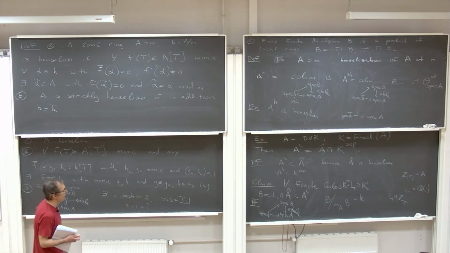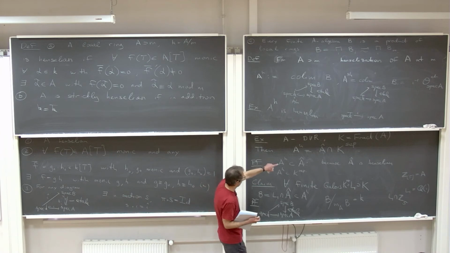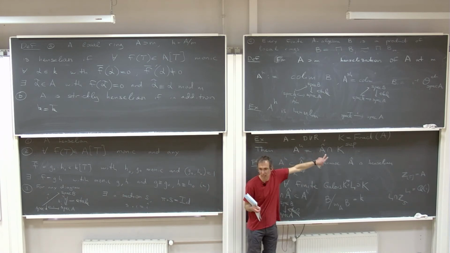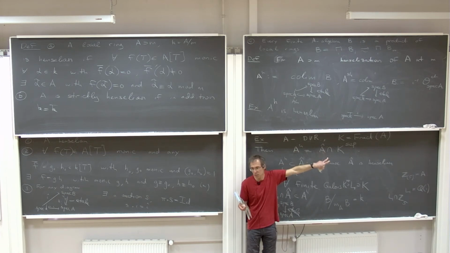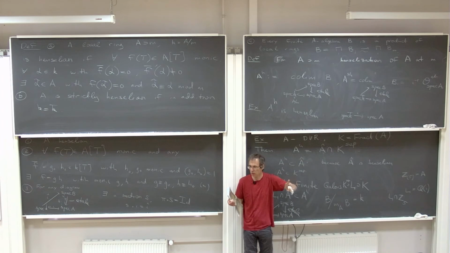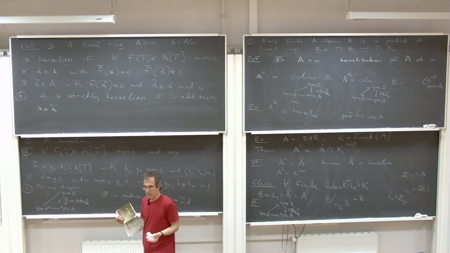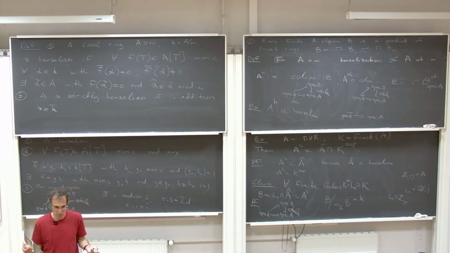So the first step of the proof was to embed A^h into A hat, right? And I claim that there exists such an embedding. It's not, as you said, it requires a choice. Well, it depends maybe on.